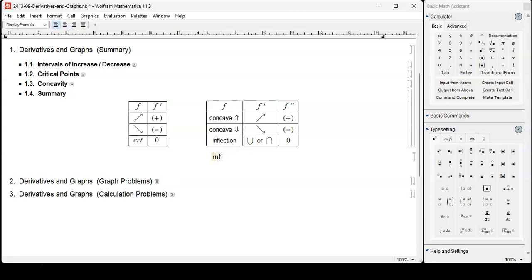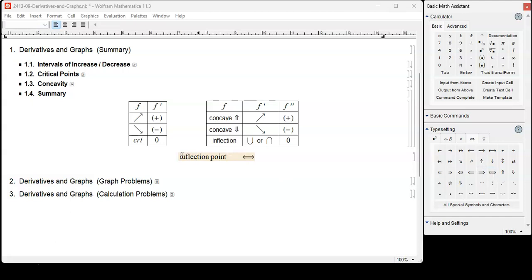So we have something like this. f has an inflection point, that's equivalent to f prime has a local maximum or local minimum. So these two are equivalent, that's true.